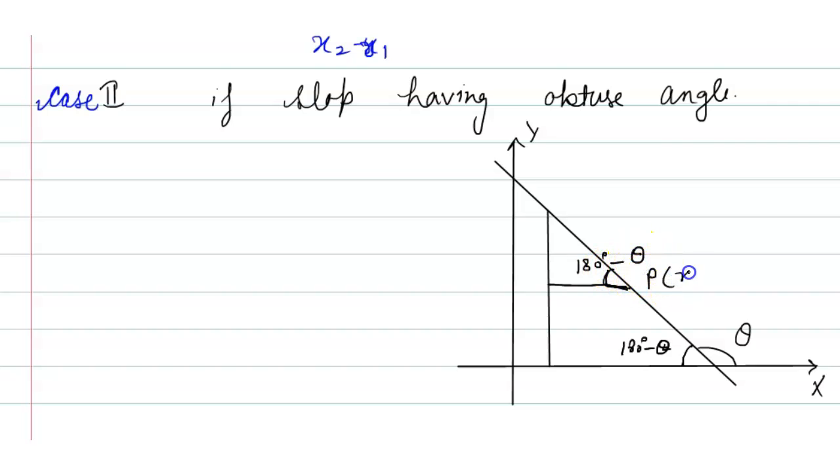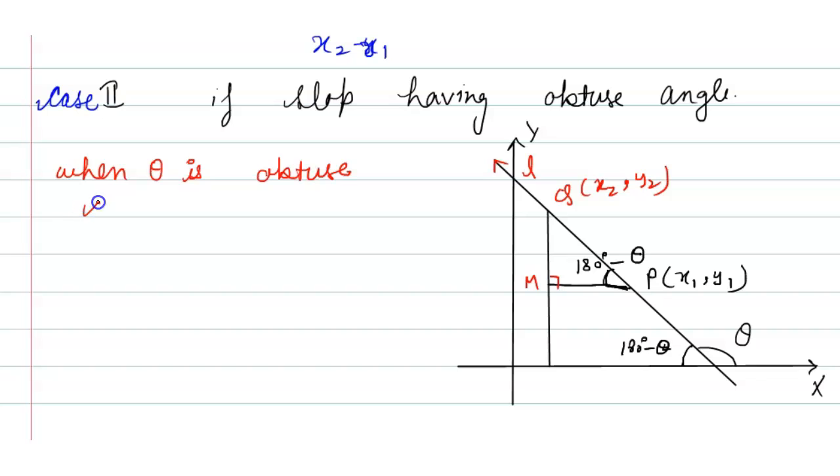Let this point be x1, y1 and the other point be Q, x2, y2, and this line is L and this point is M. Next, when theta is obtuse, m is equal to tan of 180 minus theta.